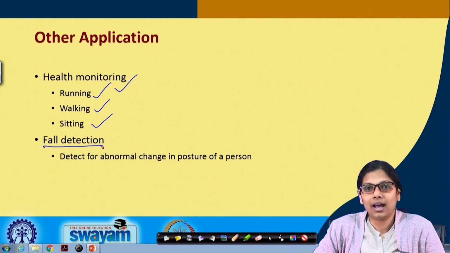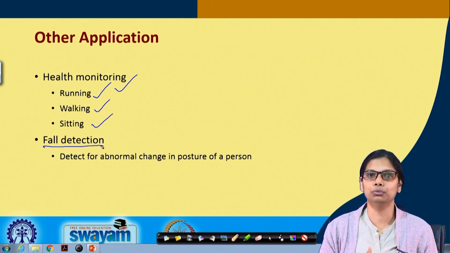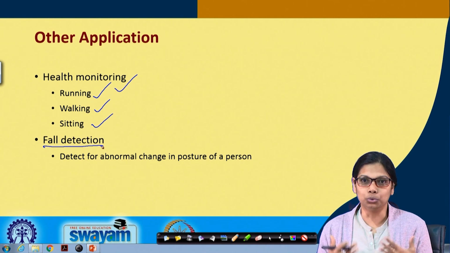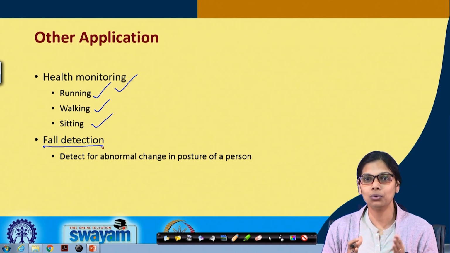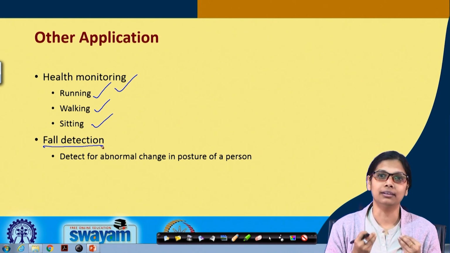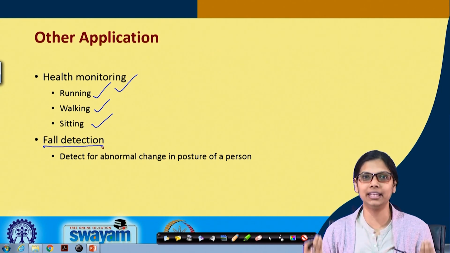And under such conditions, if nobody is around them and there is some serious issue, like they fall down in the bathroom or in the house, then how will their near ones come to know? How will that be informed to their kids, their children, or their relatives, anybody?